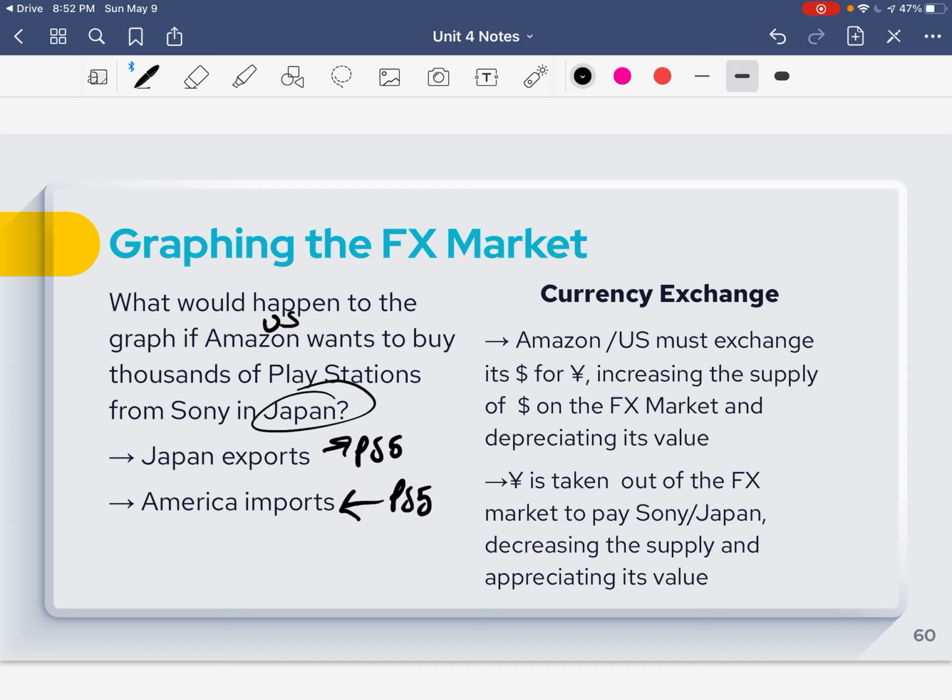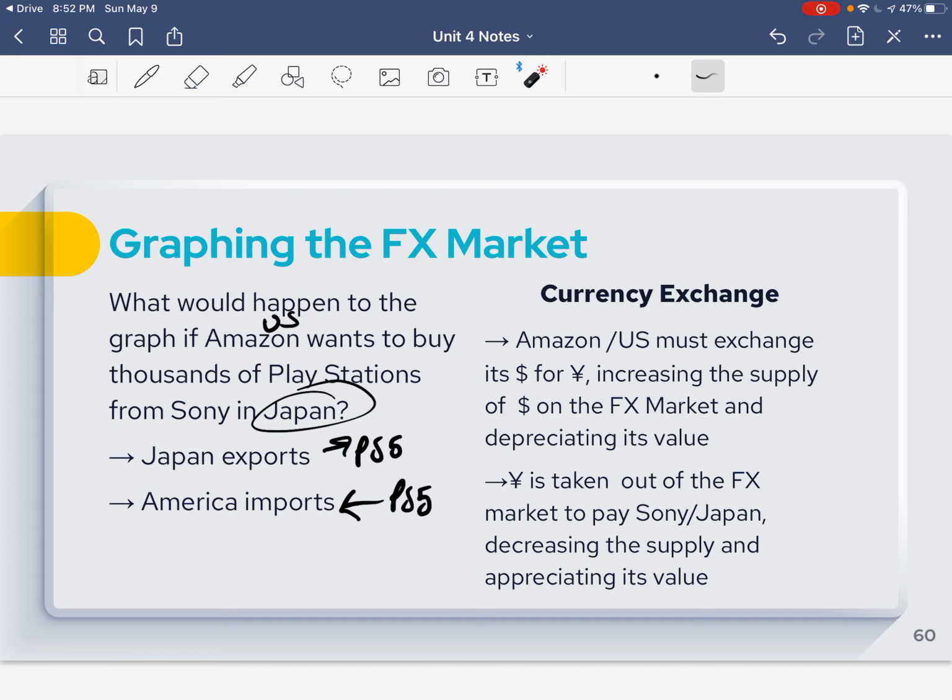How does the foreign exchange currency work in this scenario? Amazon, because they're importing, needs to have yen. So Amazon in the United States must exchange its dollars for the Japanese yen. When they are exchanging, they're giving up US dollars, so there's more US dollars available.